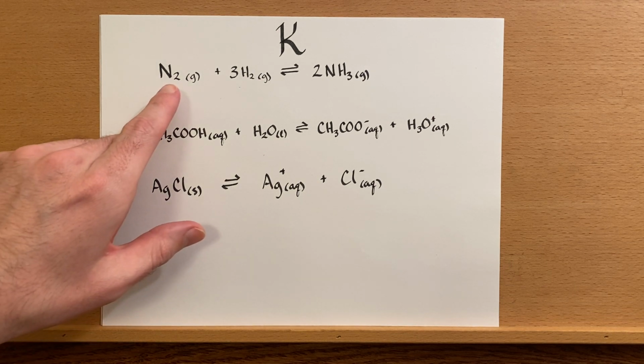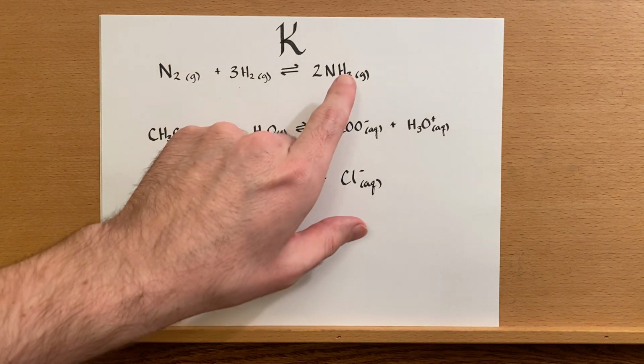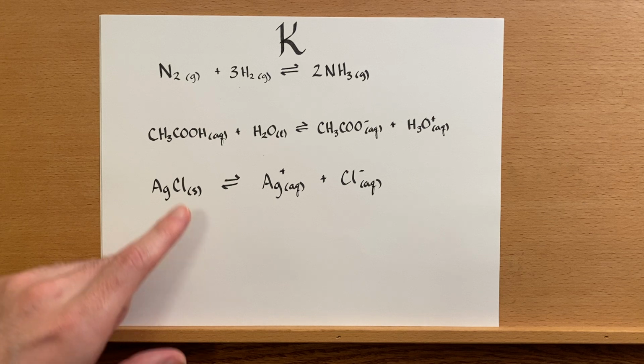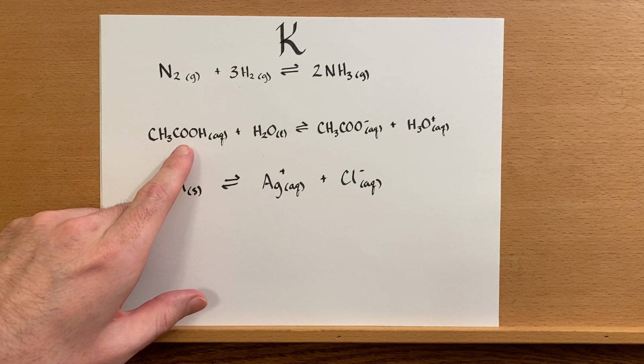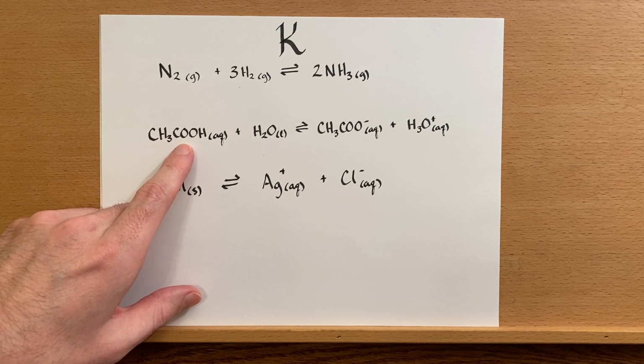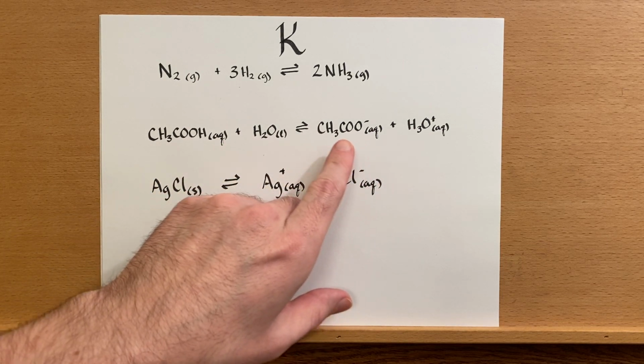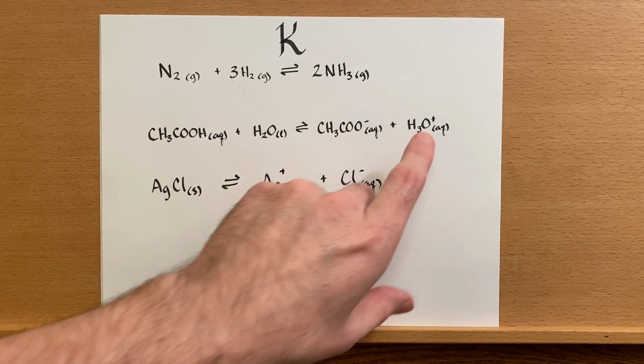The first one is making ammonia from nitrogen and hydrogen gas. The second one is the acetic acid equilibrium with water to make the acetate ion and H+.